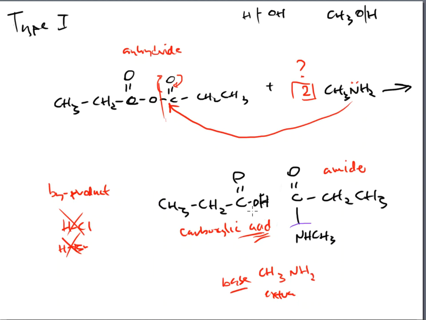So we're actually hurting ourselves if we do not put the 2 there. And the reason is we're shortchanging our product. So this anhydride will break apart into 2 pieces. One of those pieces is a carboxylic acid. Some of that amine will continue to break that down, but some of that amine will then start attacking the carboxylic acid.